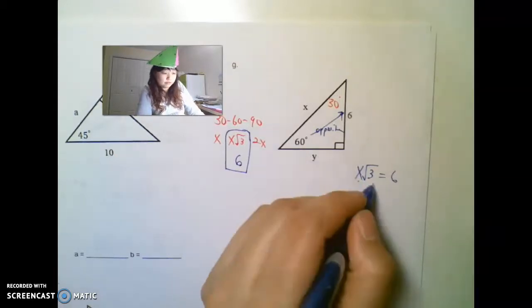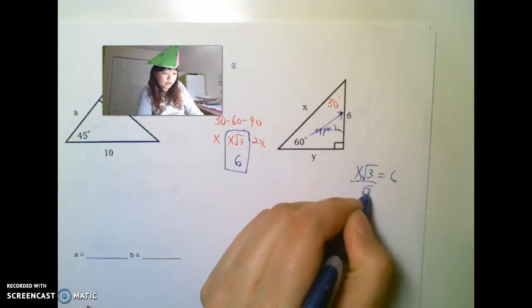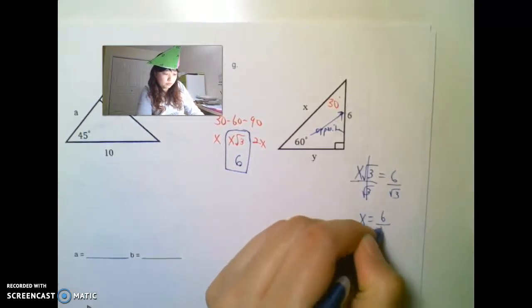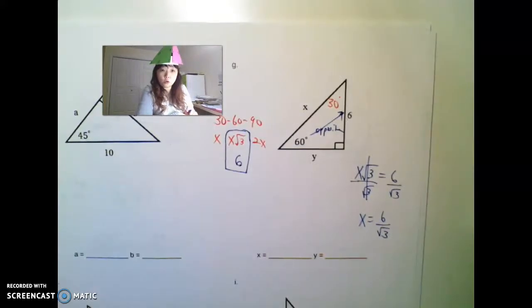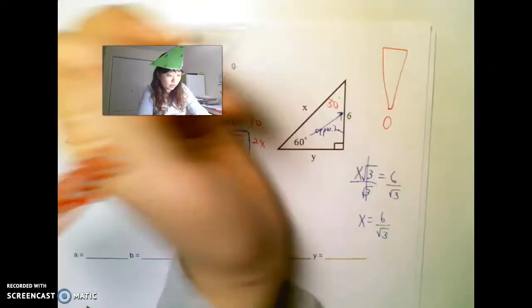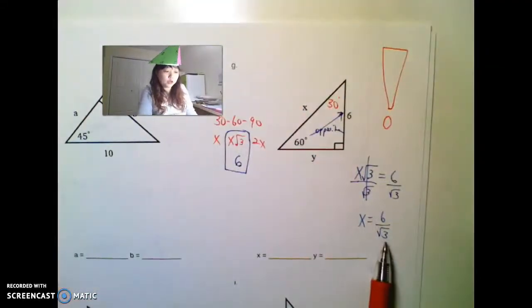We gotta get rid of the square root of 3 by dividing by square root of 3. Uh-oh. This is a troublemaker. Big warning sign right there. Why? Because we should not have anything that is not simplified.